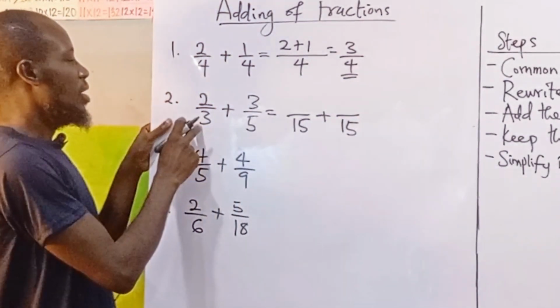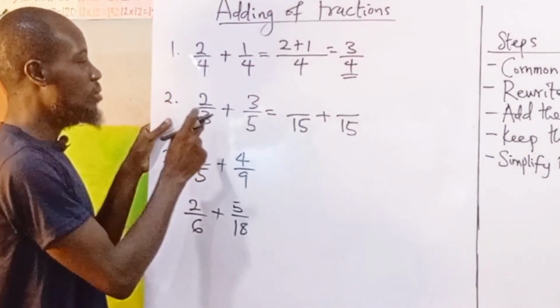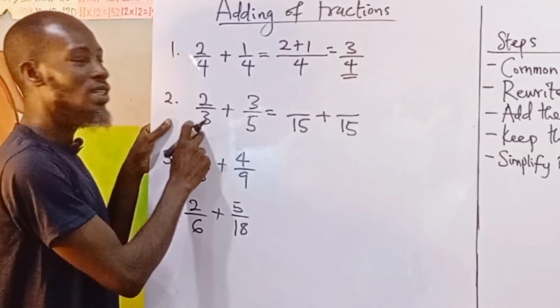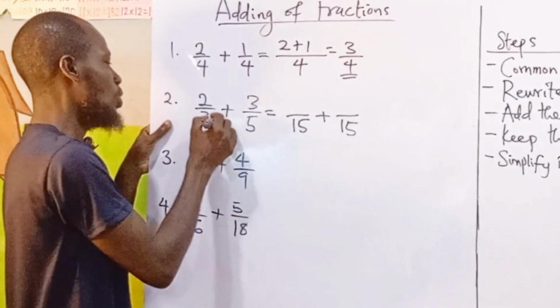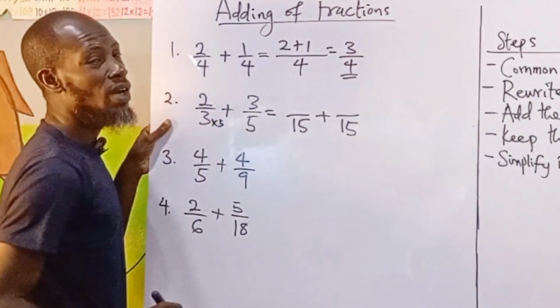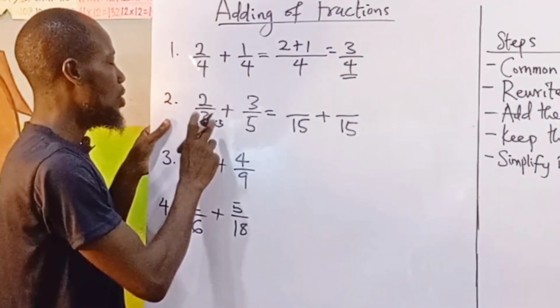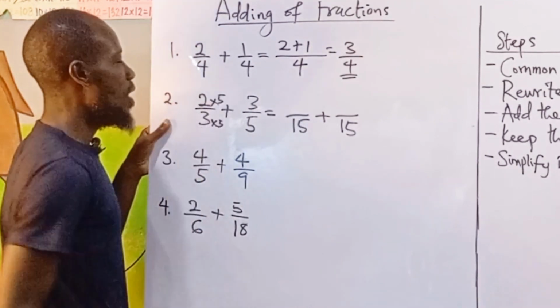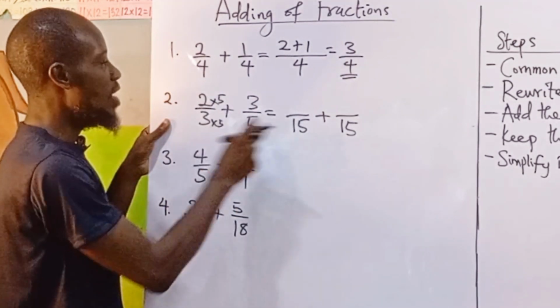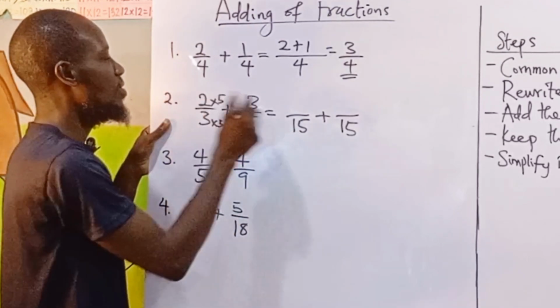Now we think, what is the number that is multiplied by 3 to get 15? And that is 5. So you multiply by 5, and whatever you do to the denominator, you also do to the numerator. So 3 times 5, 15. 2 times 5, 10.